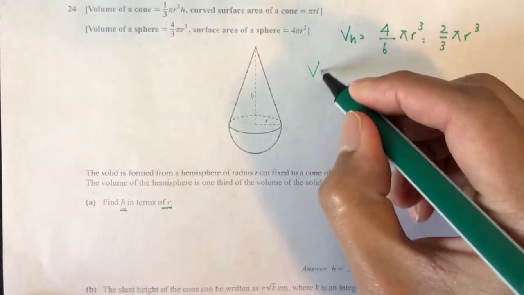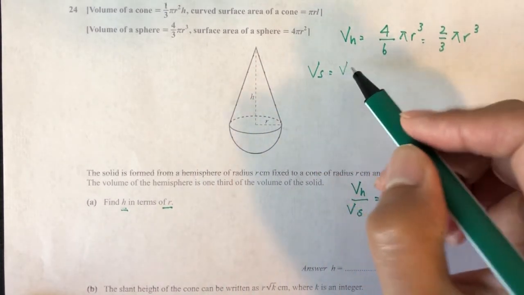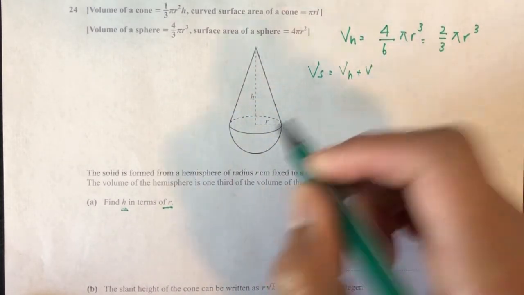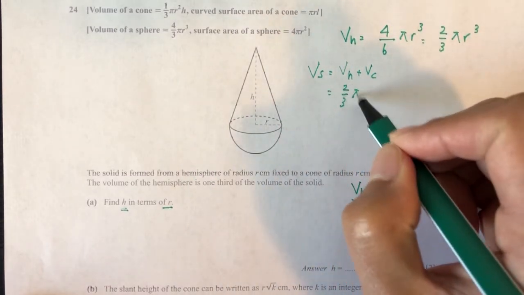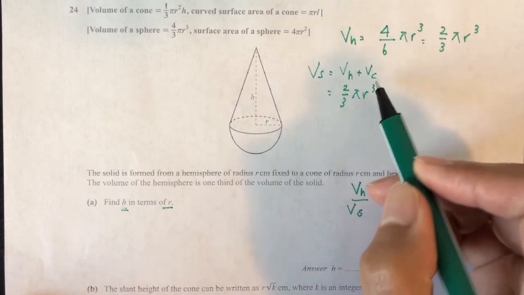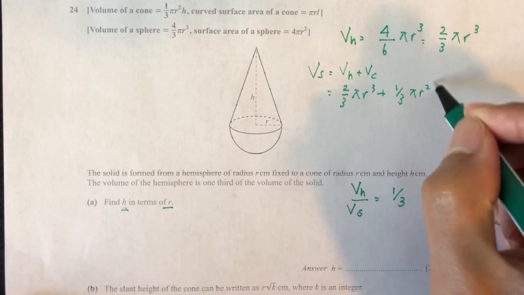Now what is the volume of the solid? Volume of solid is the volume of the hemisphere plus volume of cone. Hemisphere we know already, which is 2/3 pi r cubed. What is the volume of cone? It is given here, which is 1/3 pi r square h.